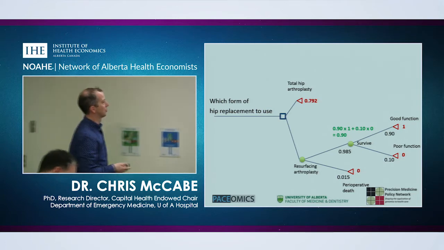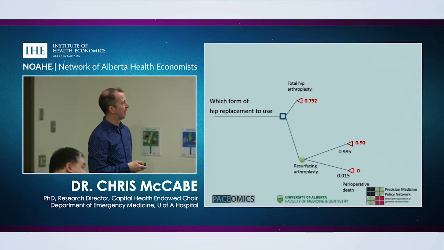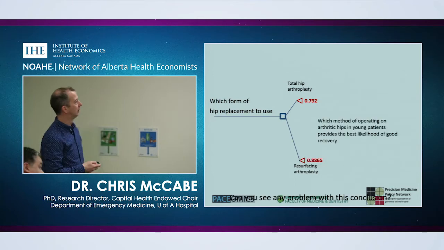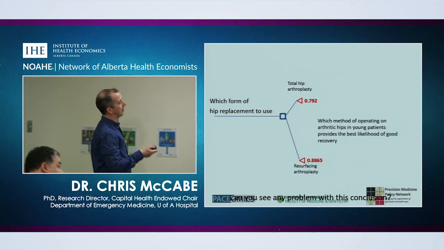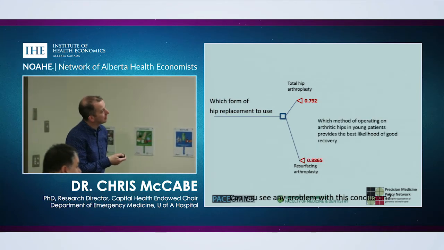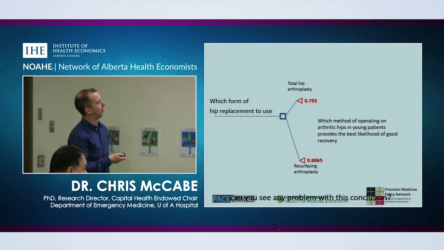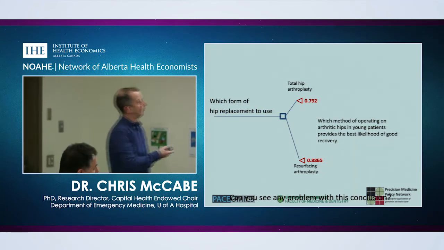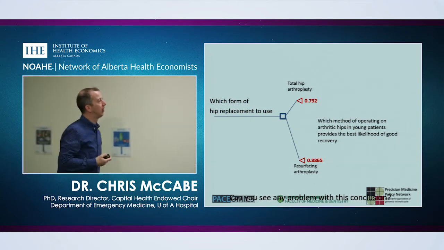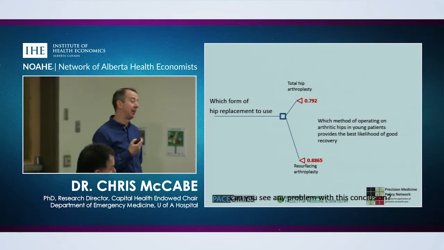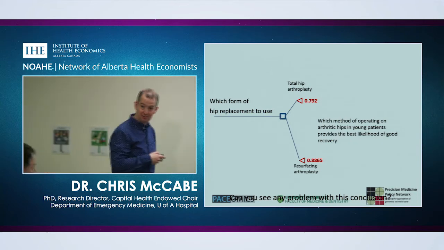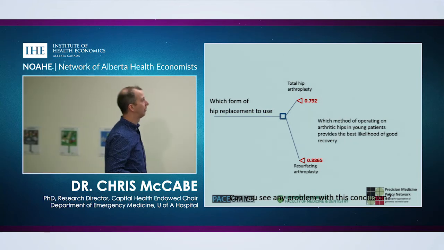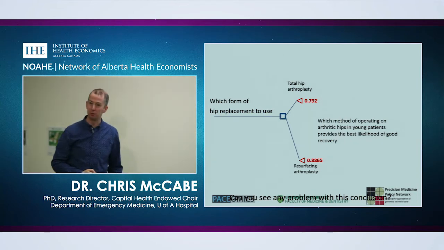Okay, so that's a decision tree. And doing the same for the resurfacing, we get the expected value of the resurfacing arthroplasty is better than the total hip, even though you have a slightly higher risk of death. So you've got a slightly higher risk of a catastrophic outcome, you might say.